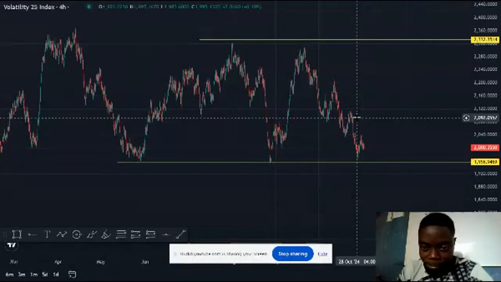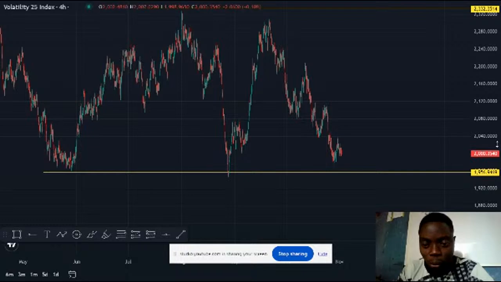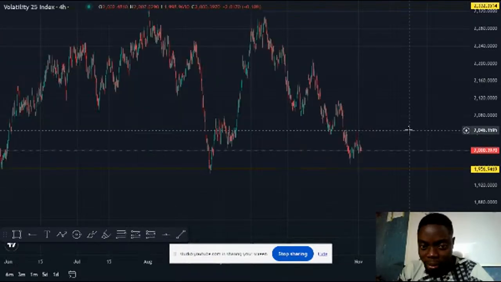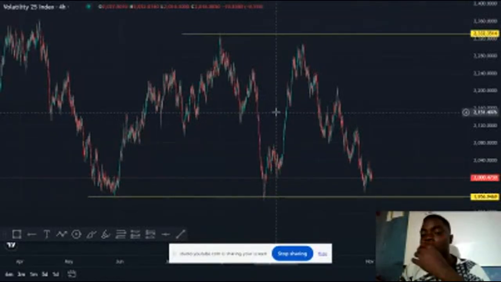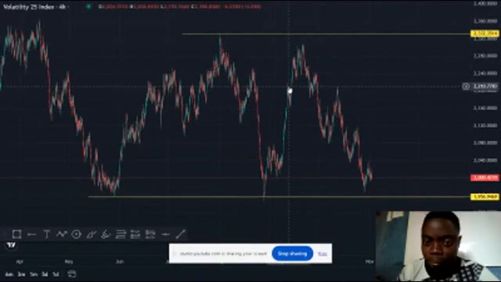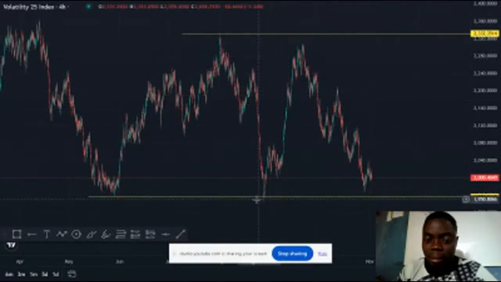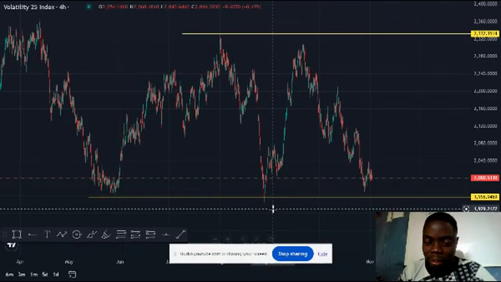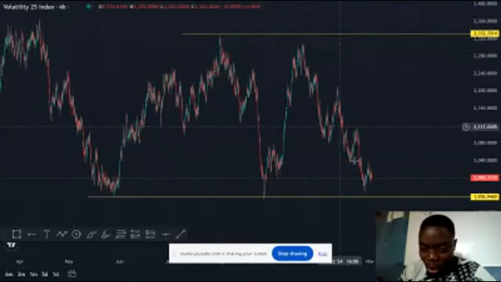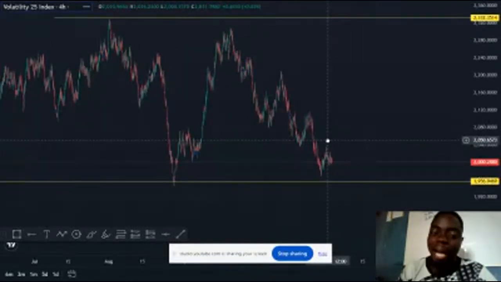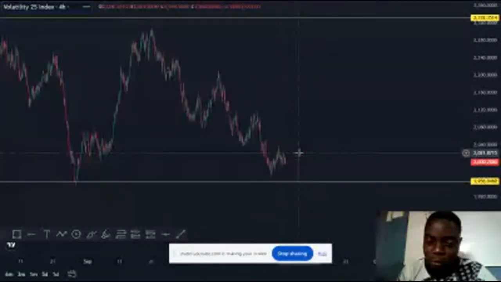No. But remember that we have gotten structure, because this is your lower high and then this is your lower low. We expect a retracement to a premium level and then we can sell. But I will not advise you to start selling from here.